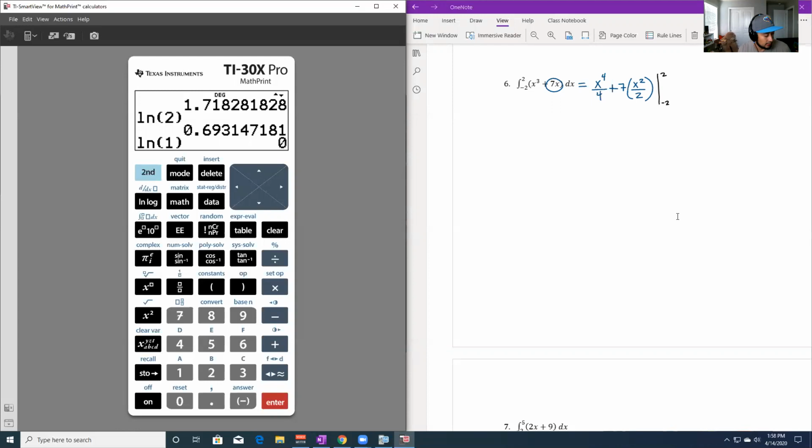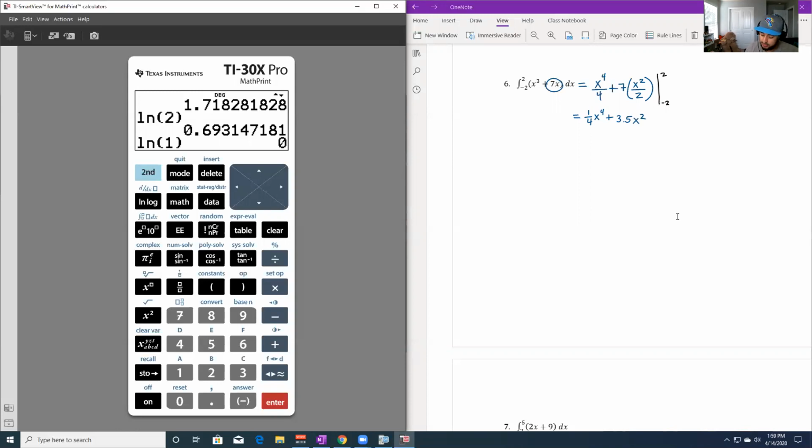Let's make it look pretty. All right. So I'm going to show you some rewrites really fast. X to the 4th over 4 is the same as 1/4 x to the 4th plus 7/2, which is 3.5 x squared.